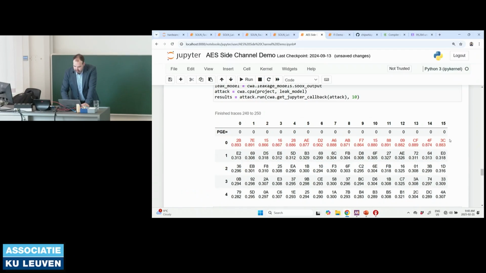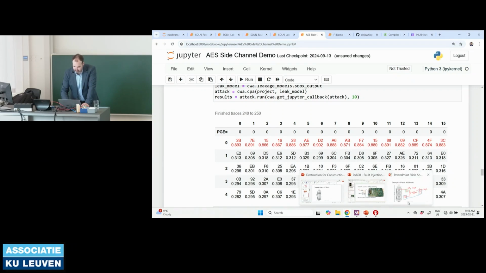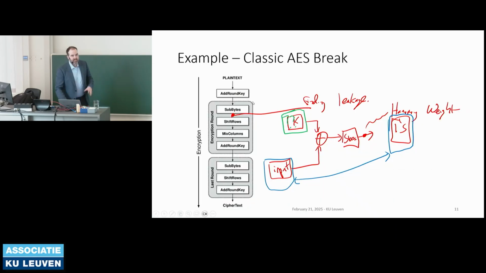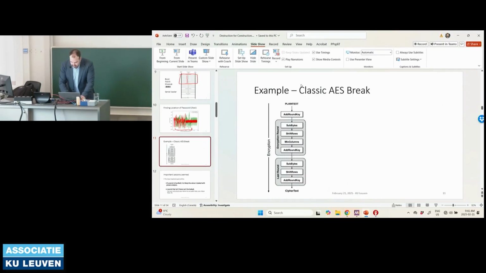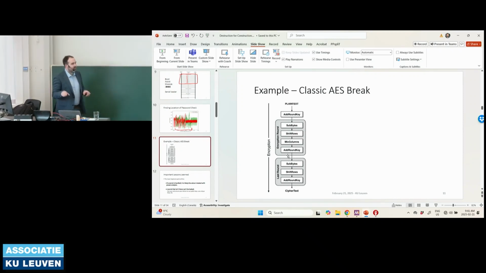So yeah, that's a little example of using differential power analysis or correlation power analysis for breaking AES, which is a pretty classic demo, but it's something that you can do, again, really easily with a lot of different systems. And I actually think, just pull up this other one just to show you where you could do this, and I'll check after if I have the photo, you can do this on an Arduino, you can do this against a lot of different targets.